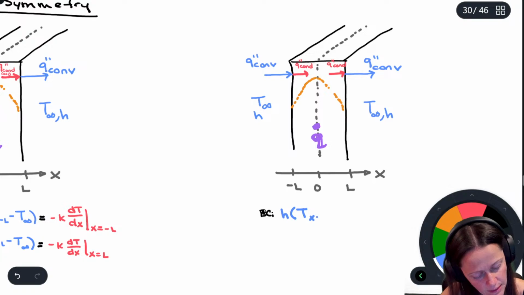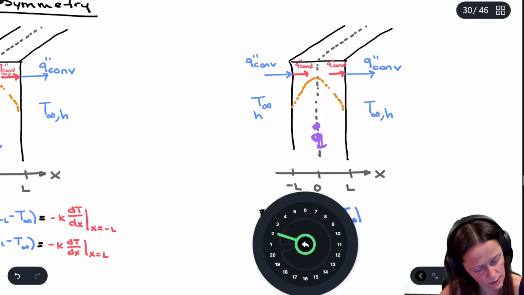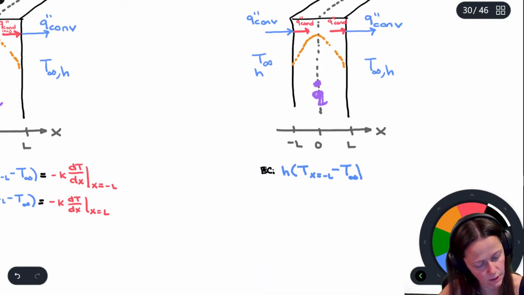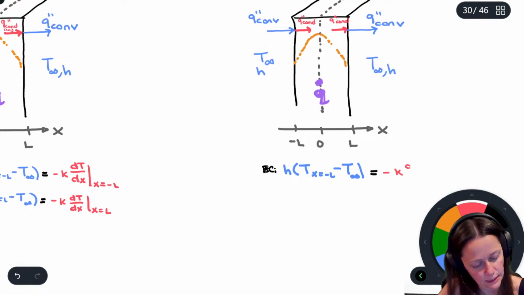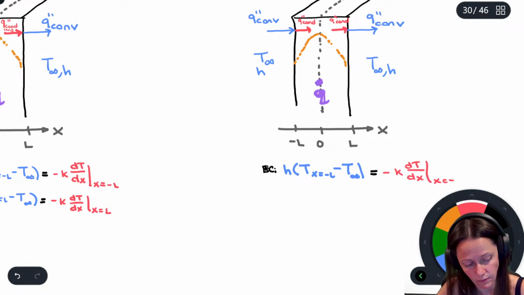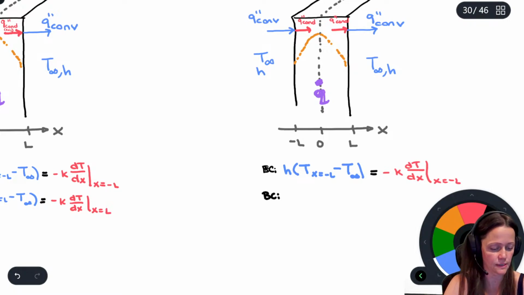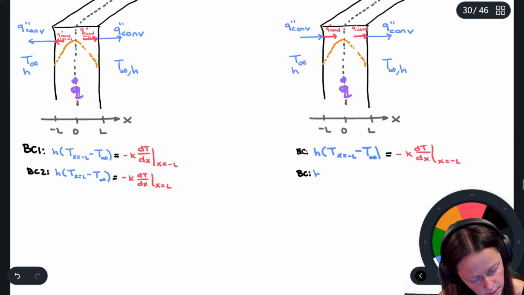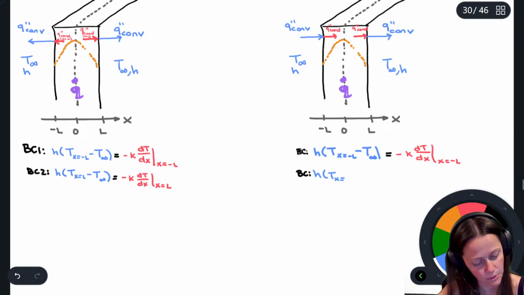T at x equals negative L minus T infinity equals negative k dT/dx at x equals negative L. I've got another boundary condition on the right face: h times T at x equals L minus T infinity.